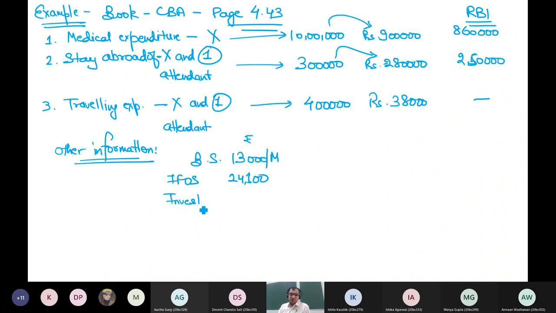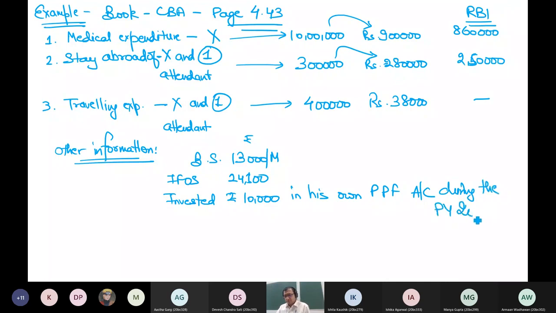Invested rupees 10,000 in his own PPF account, Public Provident Fund account, during the previous year 2021. Now this is the example which we have to do.